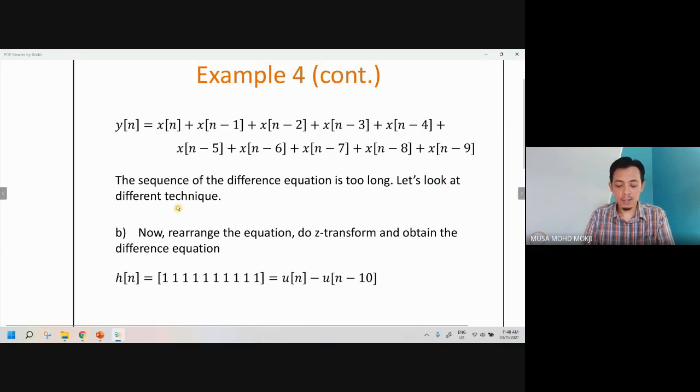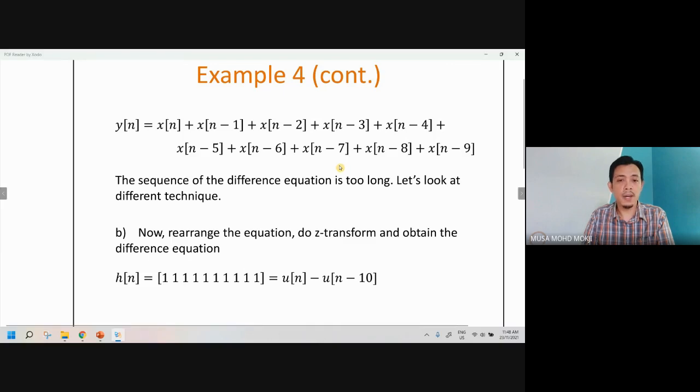The difference equation is too long, so let's look at a different technique. Sometimes we can manipulate this because this is very long. If we count this, how many units? 1, 2, 3, 4, 5, 6, 7, 8, 9 summations. In a digital system, the number of summations, the number of multiplications, and how much memory you need is very, very crucial.